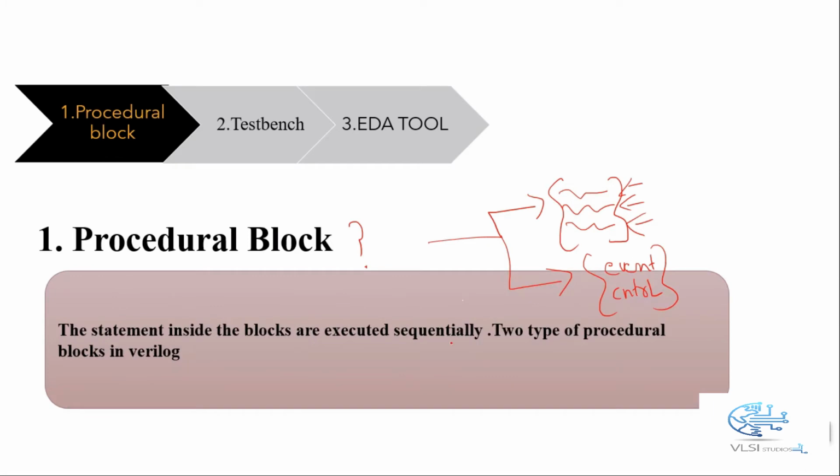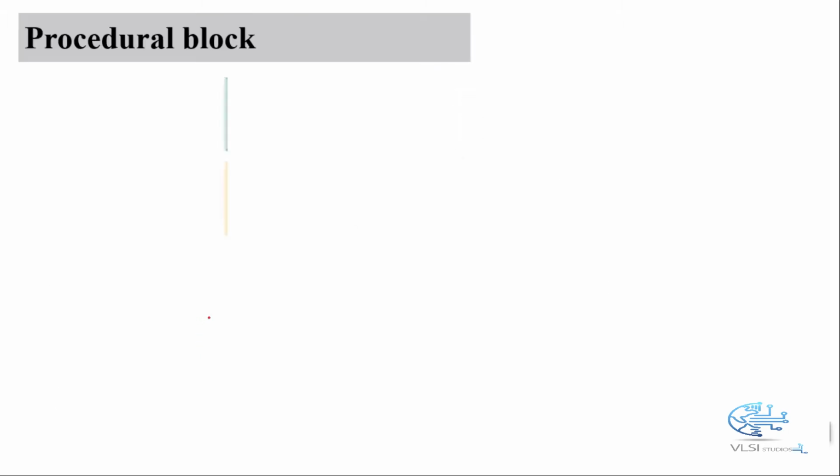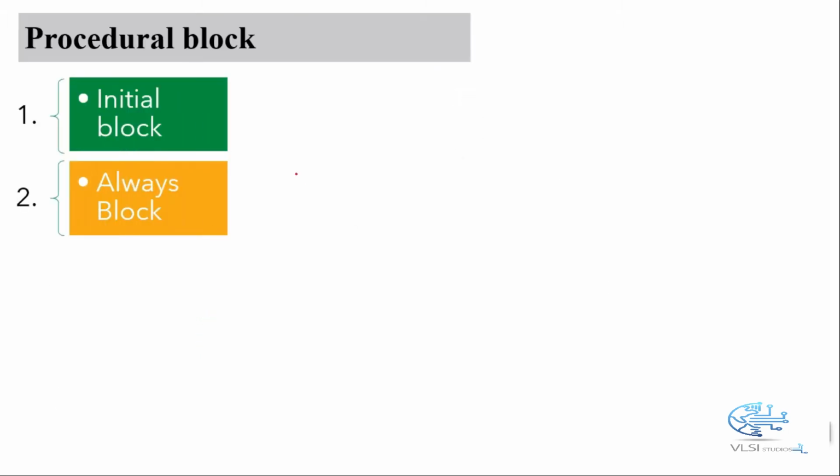How many different types of procedural blocks are there in Verilog? There are two types of sequential procedural blocks in Verilog: the initial and the always block. What is an initial block and what is an always block? As the name suggests, an initial block is a block that is executed only once in our simulation time.